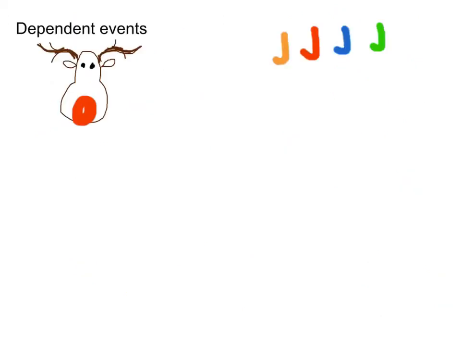So going back to Rudolph then, with the problem with his socks here, well, he's going to choose a colour each day, and of course it goes into the wash because he likes to have clean socks. Now we could have a tree diagram, but that could start to get quite complicated, because we're going to end up having lots of branches, because we'd have one for orange, one for red, one for blue, and another one for green.